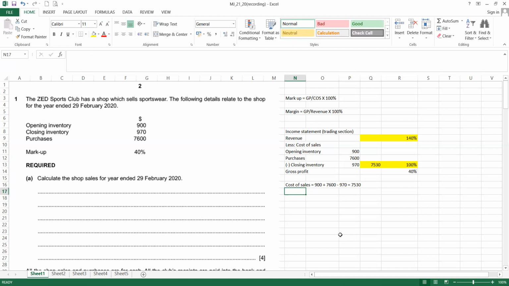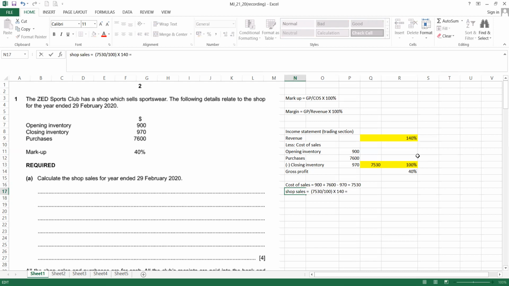After that, the shop sales equals, the formula telling us that this is the amount that we need to find, and we know this is equal to 140%. Using the mathematical concept, we take 7,530 divided by 100% and then times 140%. So we will get the amount.